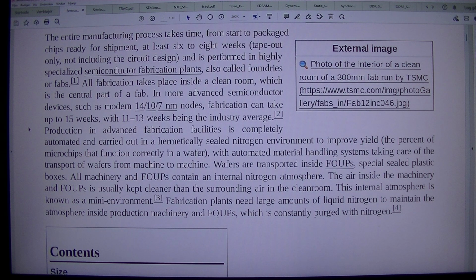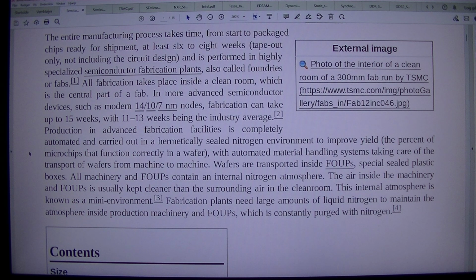2. Production in advanced fabrication facilities is completely automated and carried out in a hermetically sealed nitrogen environment to improve yield, the percent of microchips that function correctly in a wafer, with automated material handling systems taking care of the transport of wafers from machine to machine.